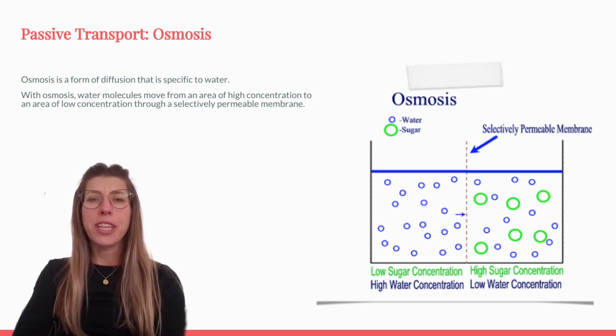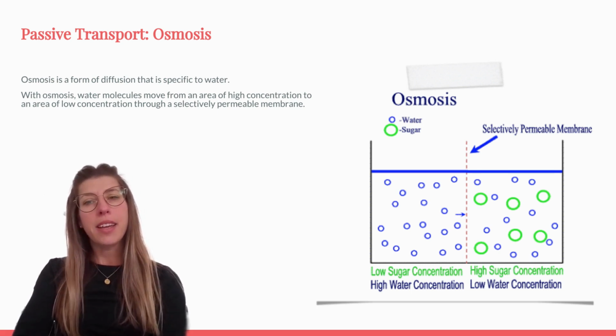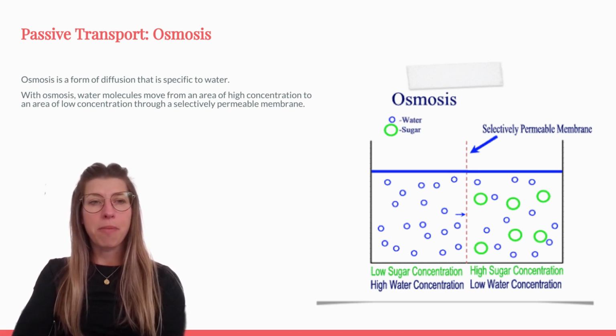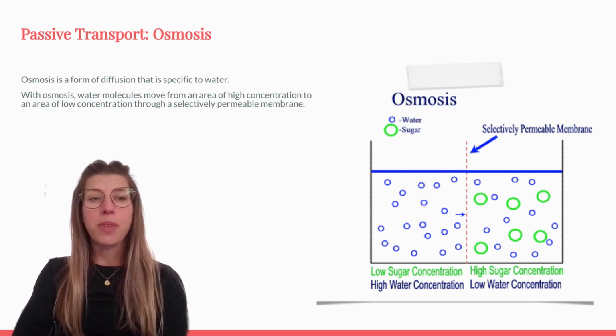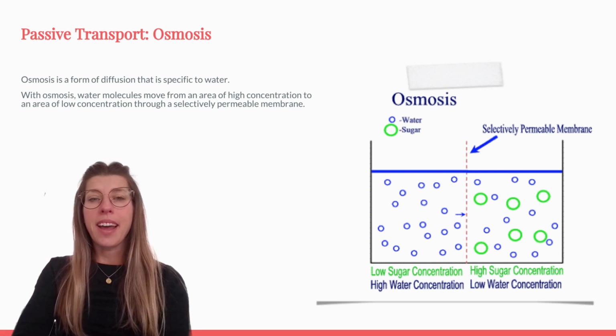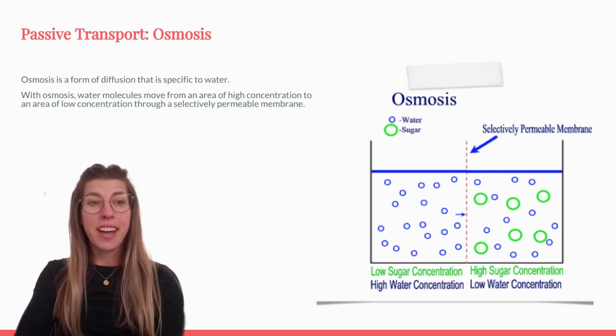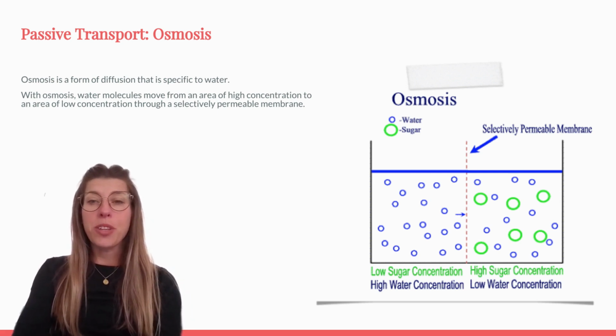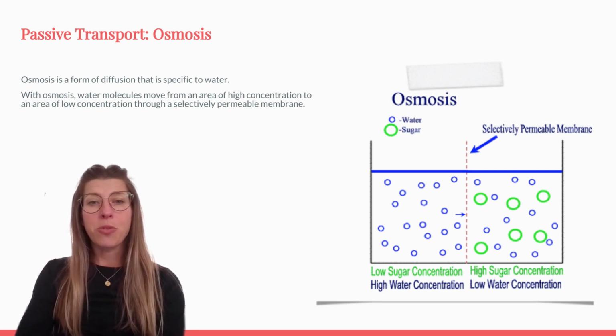In the picture on the right, you can see a beaker, and they put a selectively permeable membrane, denoted by a red dashed line, down the middle. You can see that on one side there are no sugar molecules, which are the green spheres. It's a very low, actually zero, sugar concentration, and the water concentration is high, 100% water in this case.